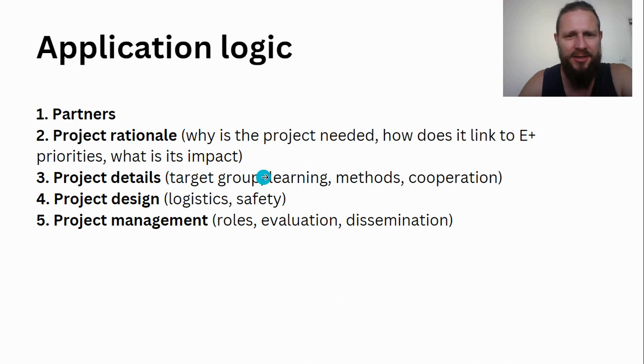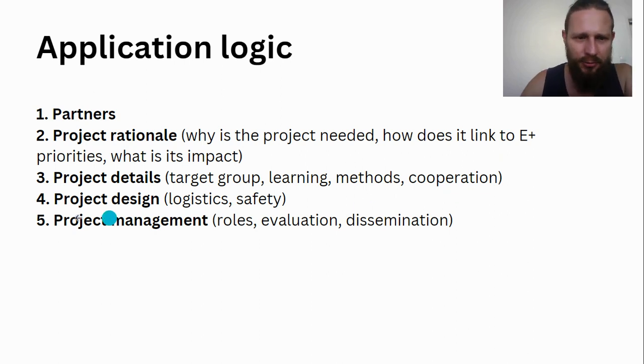Then there are project details, where we are talking about the target group, about the learning they are going to take, about the methods you are going to use, and also cooperation, how you are cooperating with participants on the preparation, because a youth exchange is supposed to be prepared in cooperation with youth. So it, for example, can be that in the preparation phase, the second phase before the youth exchange, you are making agreements with the national teams that every national team is bringing a certain activity that is happening on the spot.